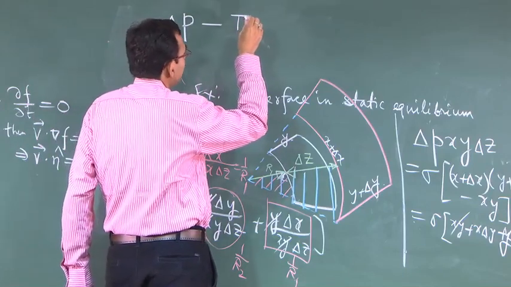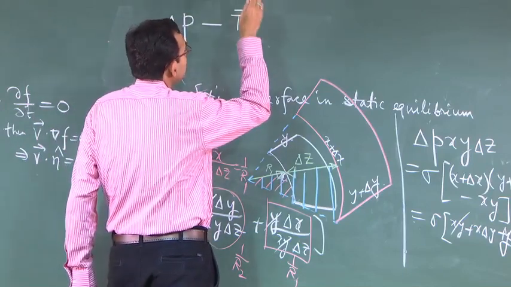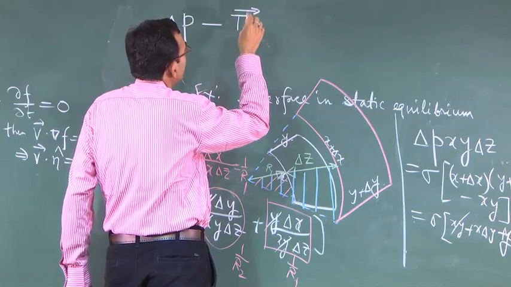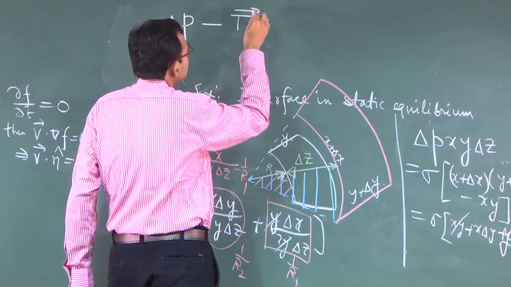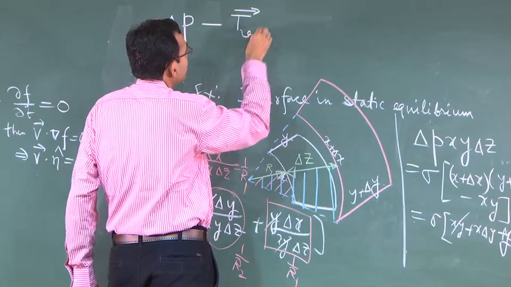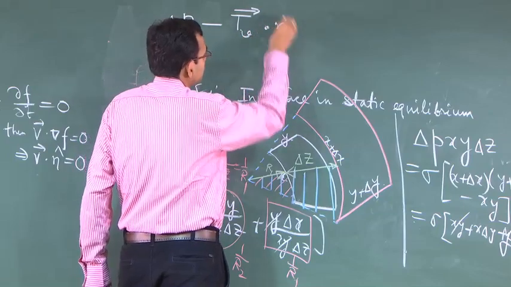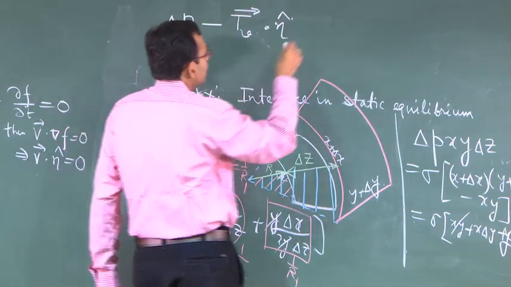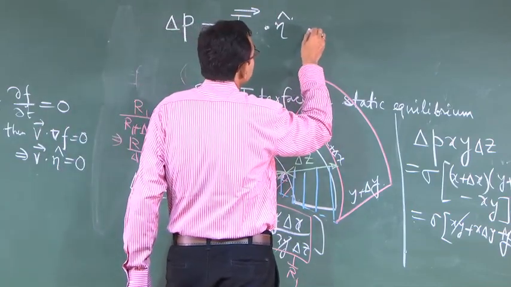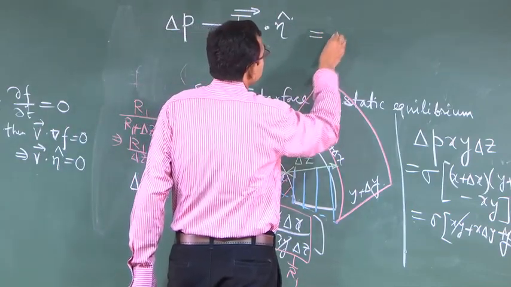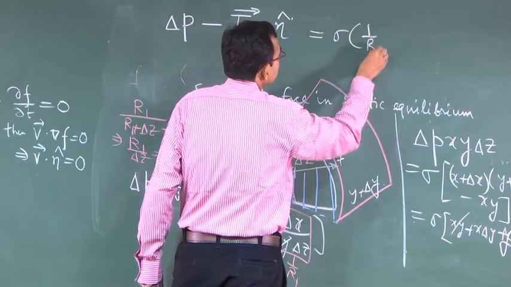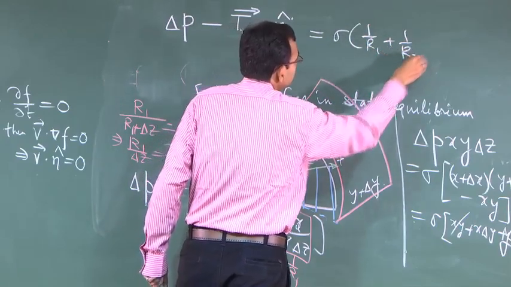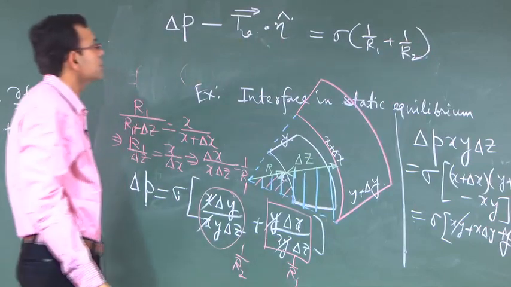So, the traction vector, the viscous element of the traction vector, or the deviatoric component of the traction vector, this is the normal stress balance.